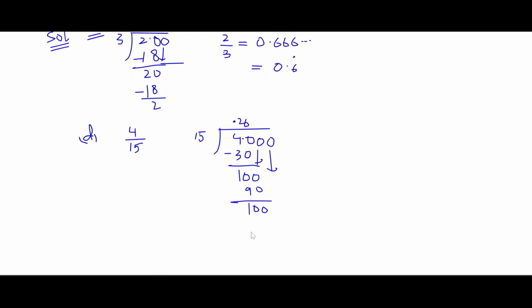Then we get 6, 6 into 15 is 90, and we get 10. Similarly we put a 0, it's 100, 6 into 15 is 90, and we get 10. These are recurring. So 4 by 15 is a recurring decimal, 0.26 with the dot on top. So that's it.